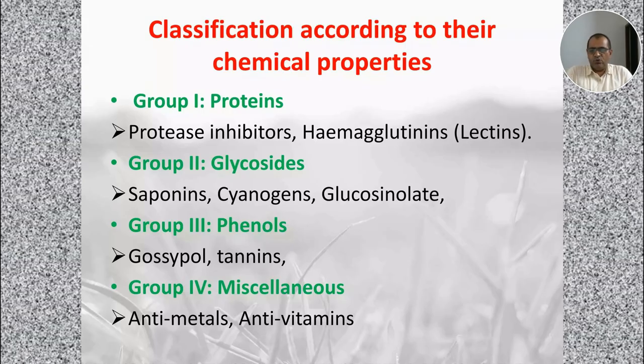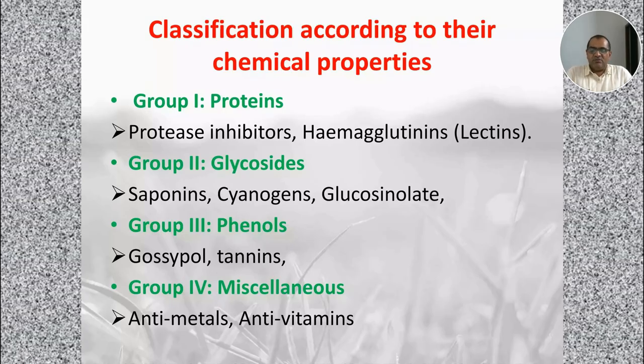Group 4 is also called the miscellaneous anti-nutritional factors, which do not belong to any of the other categories of anti-nutritional factors. These are called anti-metals, since some metals are also required for the growth of the body and as nutritional supplements.